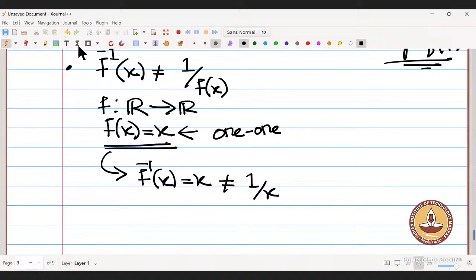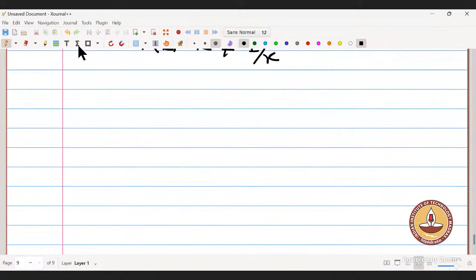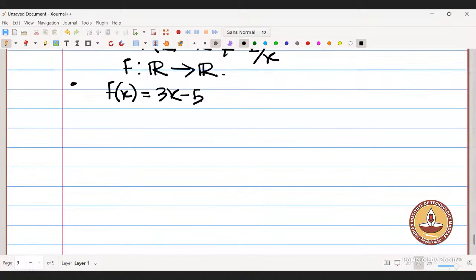Okay, let me take a few examples. Consider the function F of X equals 3x minus 5, as a map from R to R. Do you think this is a 1-1 function?